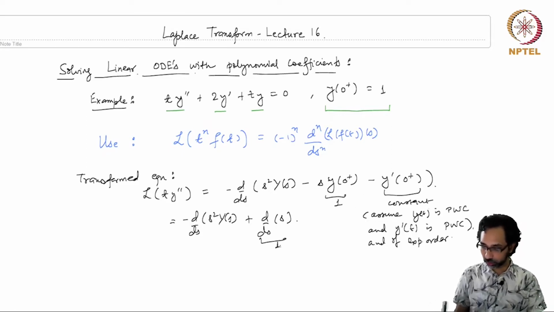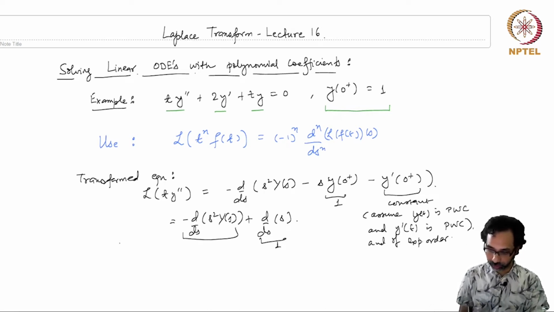So, this term is 1, and this term is minus 2s Y(s) minus s square Y prime(s).